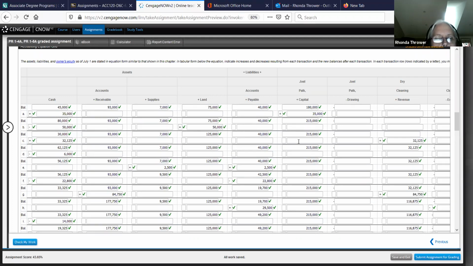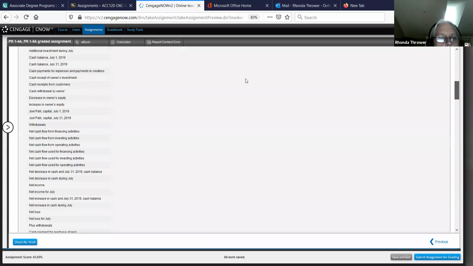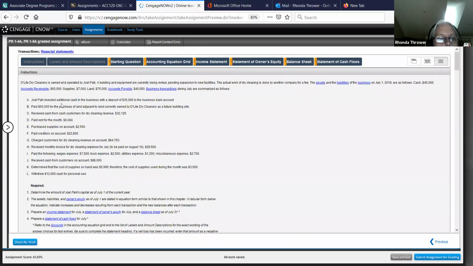But in transaction 1, the owner made an investment of $35,000. So you see here how the capital account has increased. That $35,000 was the additional investment. You could have also got it from your transactions, which tells you right here in transaction A that they invested an additional amount of cash of $35,000. That's where the amount is coming from.